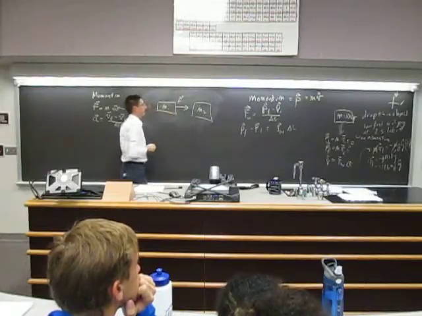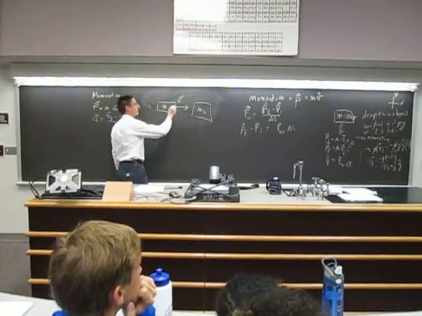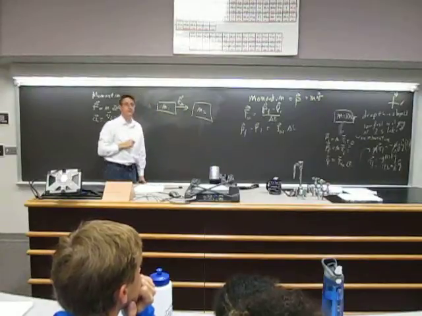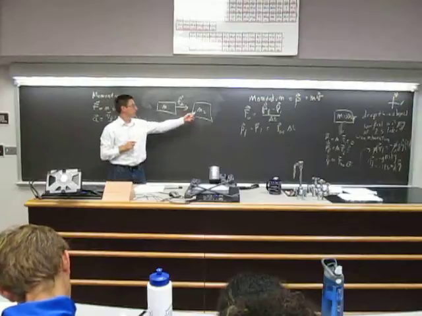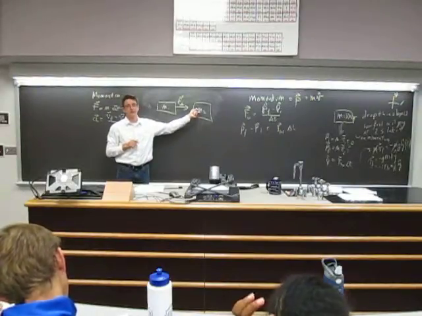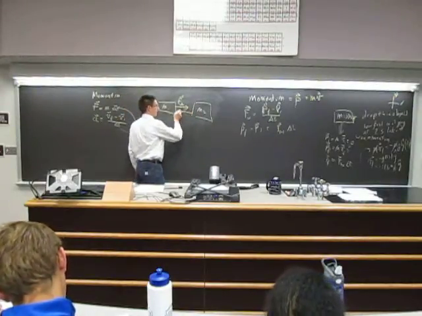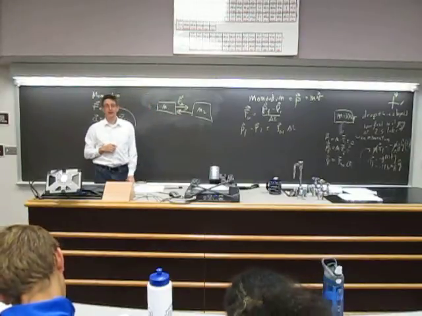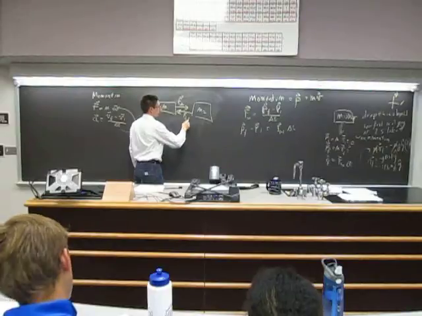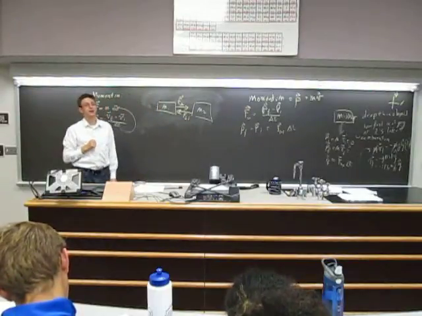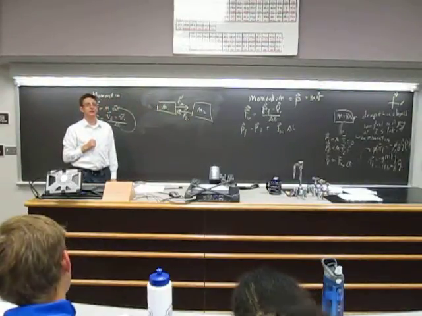We'll write this as the force on object 1 by object 2. And what does Newton's third law say about the force on object 2 by object 1? Equal. Yes. So they're in opposite directions, and they have the same magnitude. This would be the force on object 2 by object 1. You remember that?